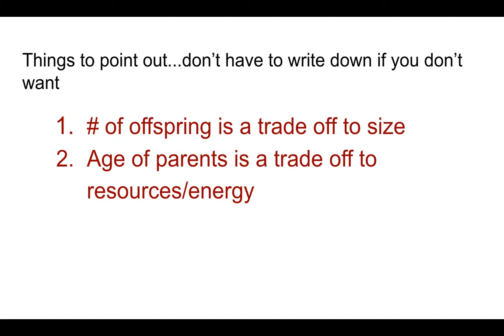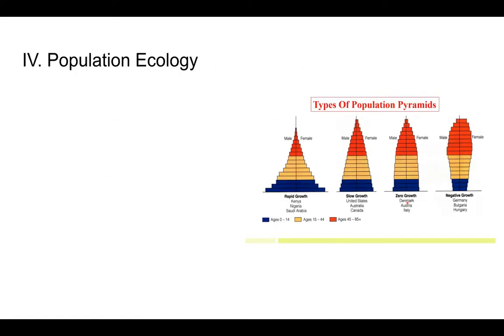And so, because you're reproducing so young, most of these organisms choose to leave their offspring, and their offspring then don't have great access to resources. If you're reproducing really, really old or later in life, you might have great access to resources for your offspring, but your physical energy availability to care for them is going to decline.